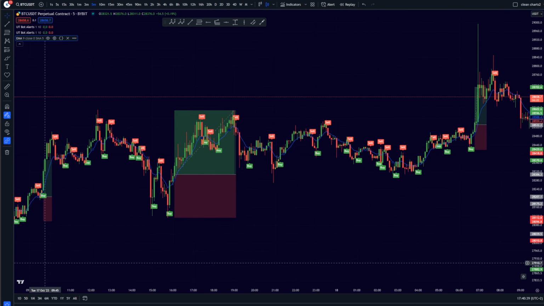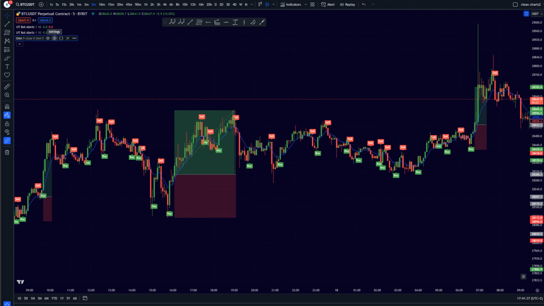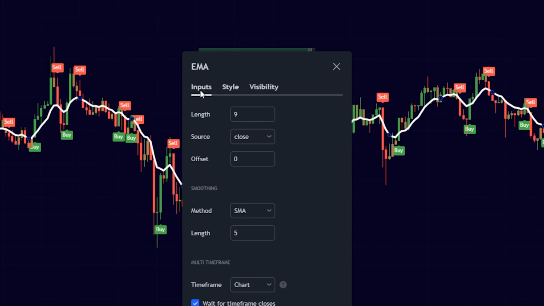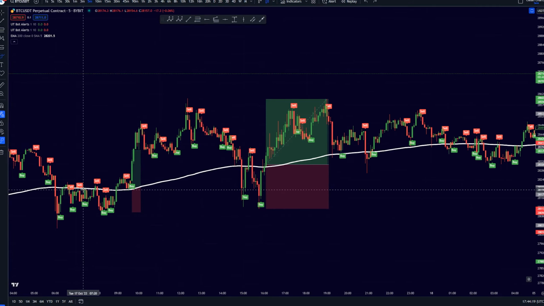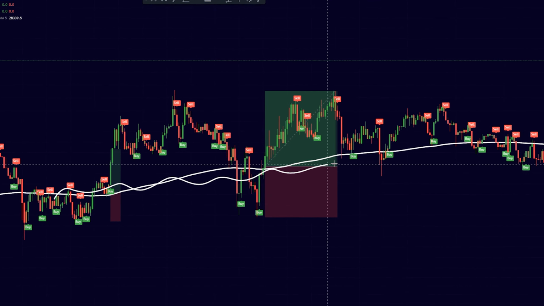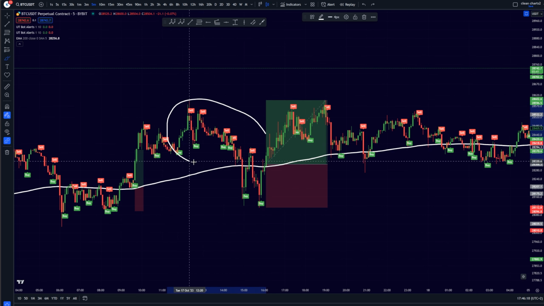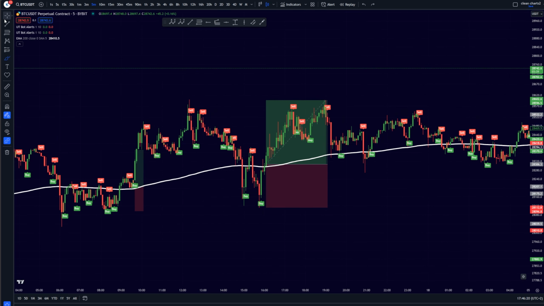Now we will need to change some settings, which is going to be very important. So let's start off with changing our settings for our moving average. So let's go to the settings, change the style and go to the inputs tab and change the length to 200. And now we have a moving average, which is going to be indicating our trend. But still, we can see that these sell and these buy signals are all over the place.